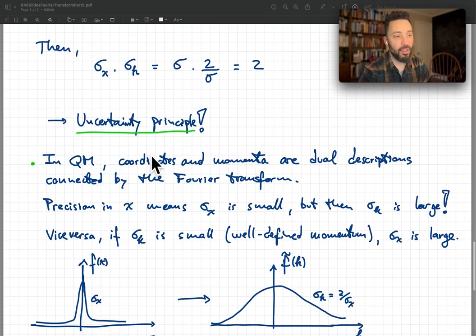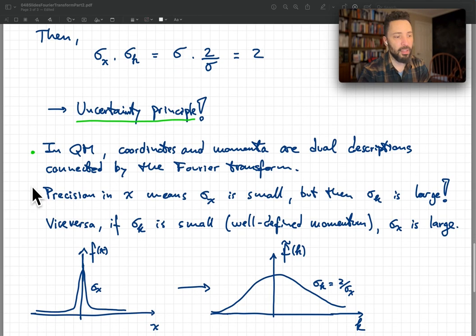In quantum mechanics, coordinates, meaning x, and momenta, meaning k, are dual descriptions of whatever system you're looking at, and they're connected by a Fourier transform. So there are two choices of basis in quantum mechanics. You can work in the coordinate basis or in the momentum basis, and they're connected to each other by a Fourier transform.